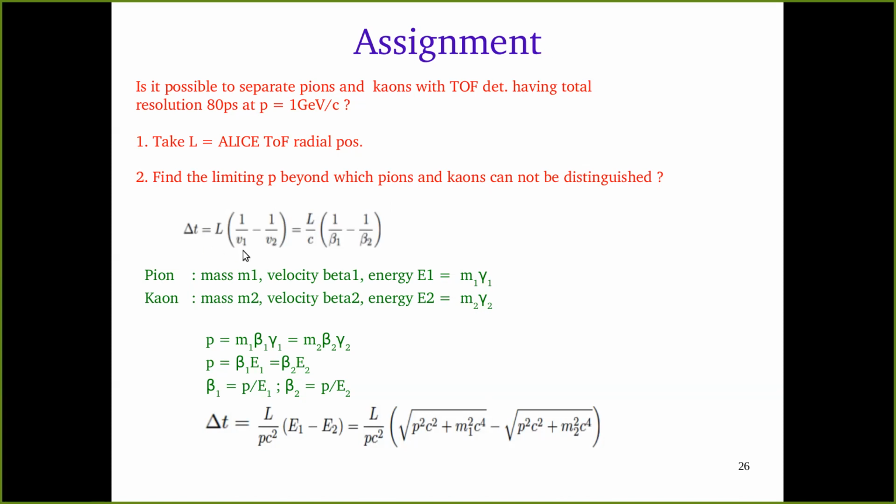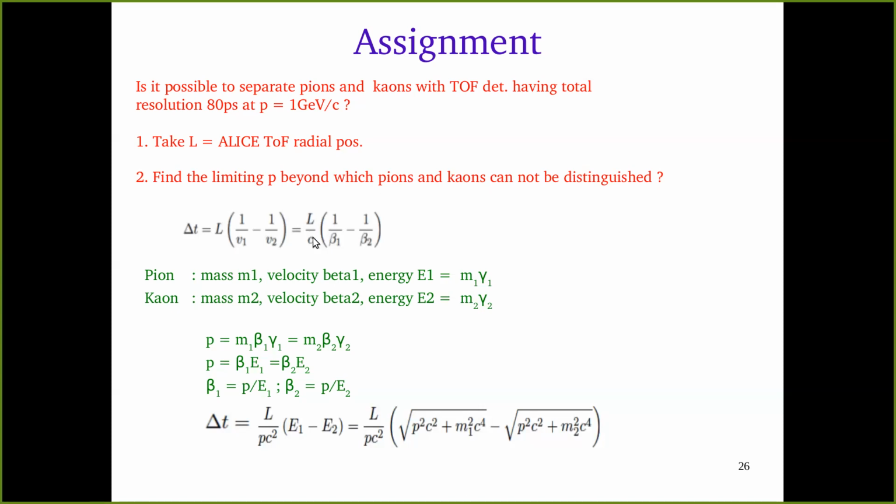If you have a pion and a kaon, which I write here as v1 and v2, you can take either v1 as the pion velocity or v2 as the kaon velocity, or vice versa. Then calculate the relative time taken to traverse a certain length, which is the length from the point of production to the TOF. What is the time separation, the time gap that is needed?